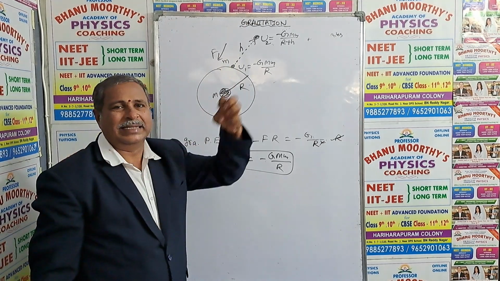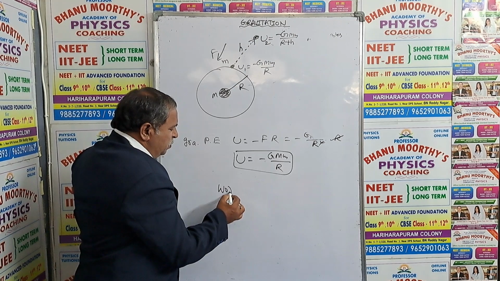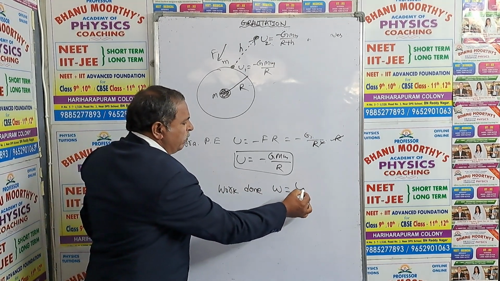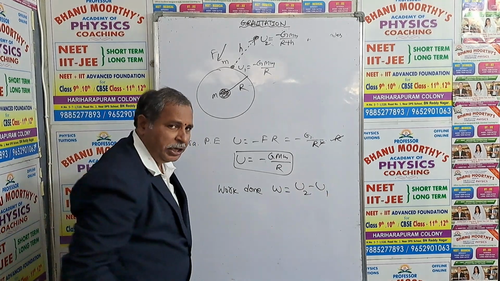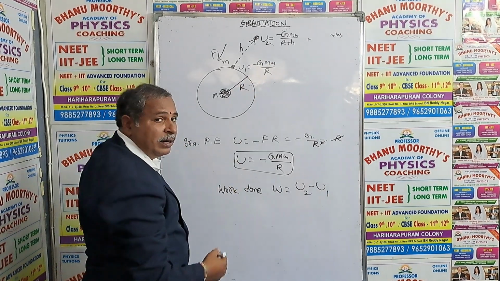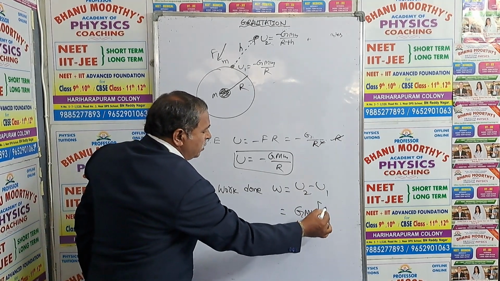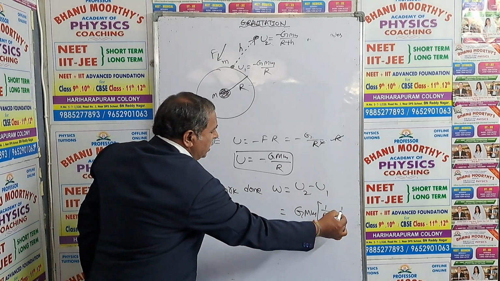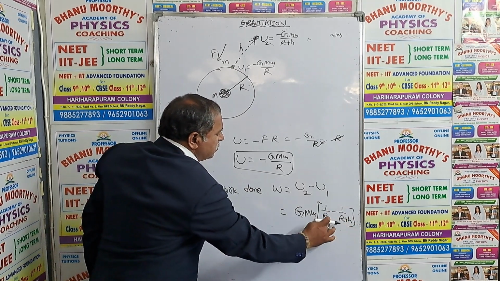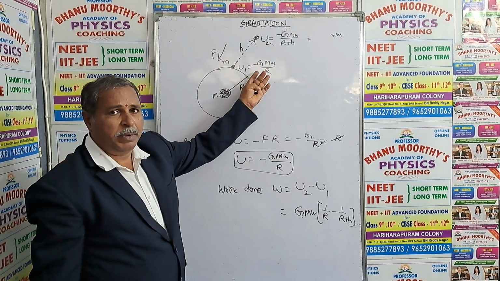How much work is done in moving the body? Work done always means final minus initial. So it is U2 minus U1. Then GMm common, 1 by R minus 1 by R plus H, you will get, because minus of minus becomes positive.